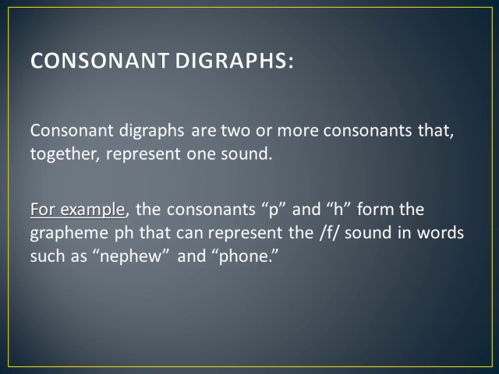Consonant digraphs. Consonant digraphs are two or more consonants that together represent one sound. It is not like the double consonants. It is different from that. The consonants P and H form the grapheme F that can represent the F sound in words such as nephew and phone. So two consonants are forming a grapheme and representing one sound.